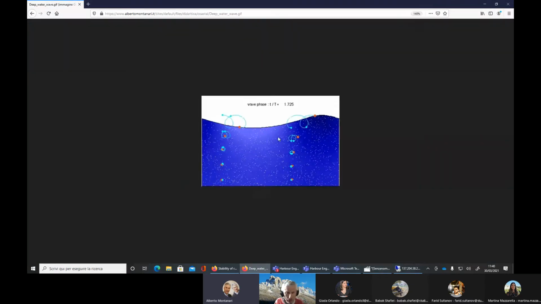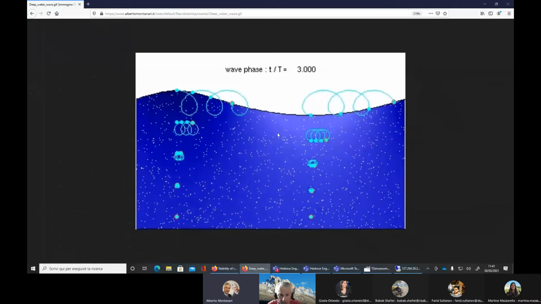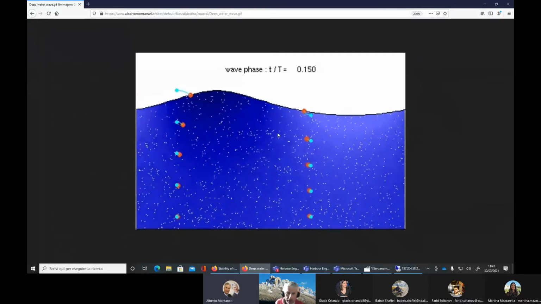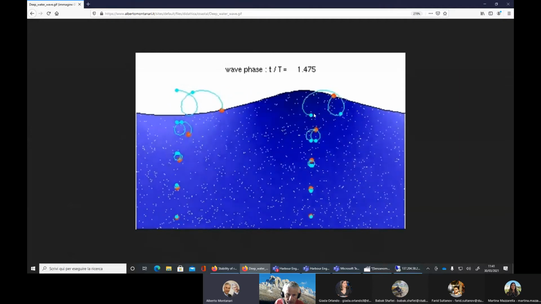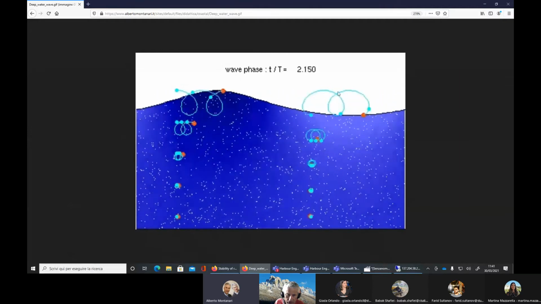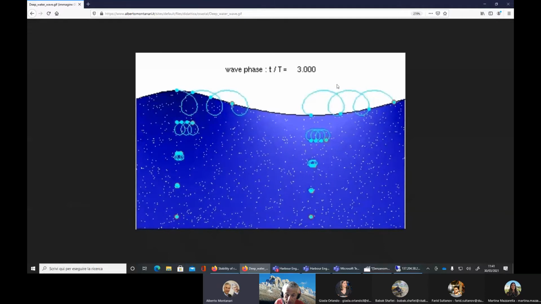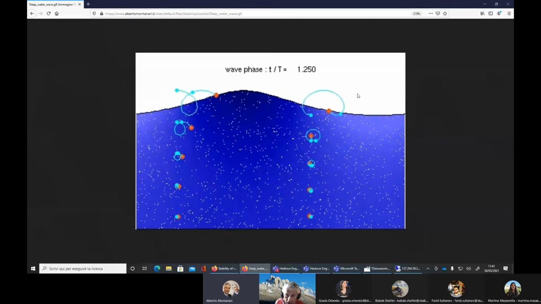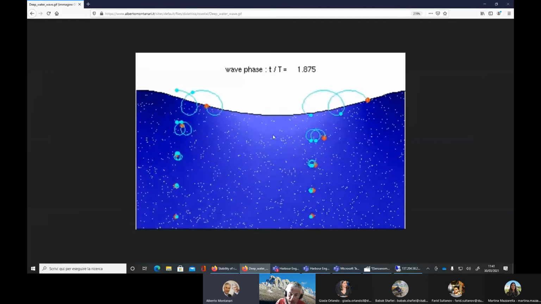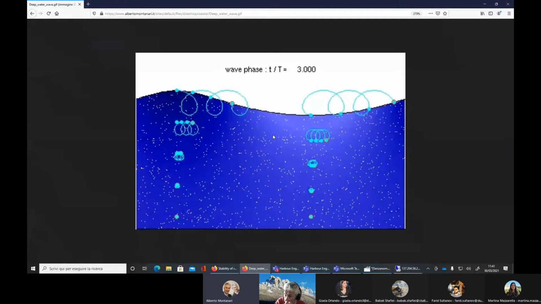This is the figure that I wanted to show you. So you see before breaking that waves imply only a transfer of energy, but you see the orbital velocity of the fluid particles. This orbital velocity is much lower than the velocity of propagation of waves, and brings fluid particles close to the surface to slightly advance.